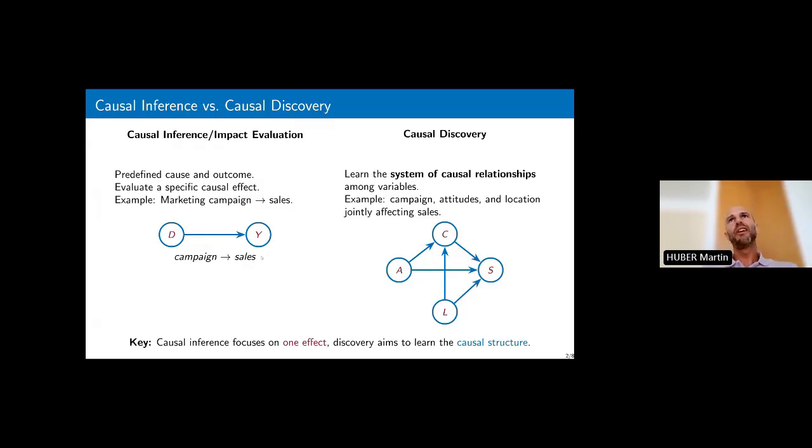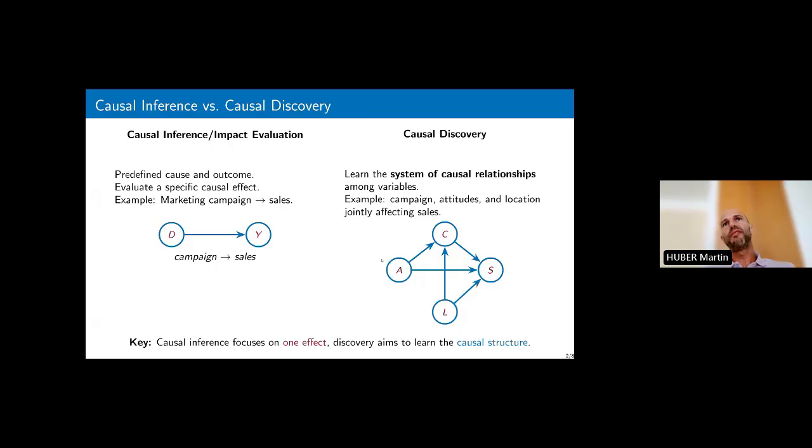Now in causal discovery, instead, we want to learn a system of causal relationships among multiple variables. Okay, so we don't have one variable we intervene on, like a marketing campaign, and one key performance indicator like sales, on which we want to assess the effect of a marketing campaign.